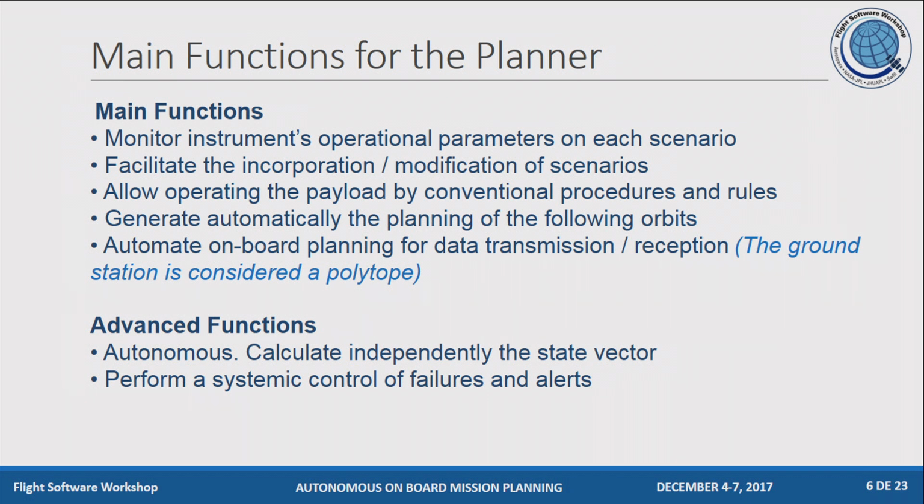The polytope is a set of points that defines a closed area, like a convex polygon. Each point is defined with a latitude and longitude value. In our planner, the polytope represents the area of interest on the surface of the Earth.